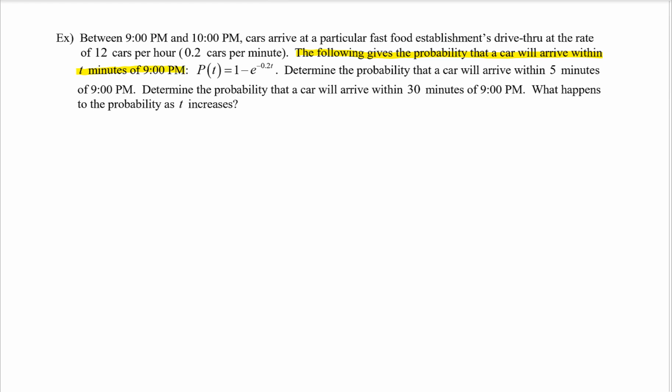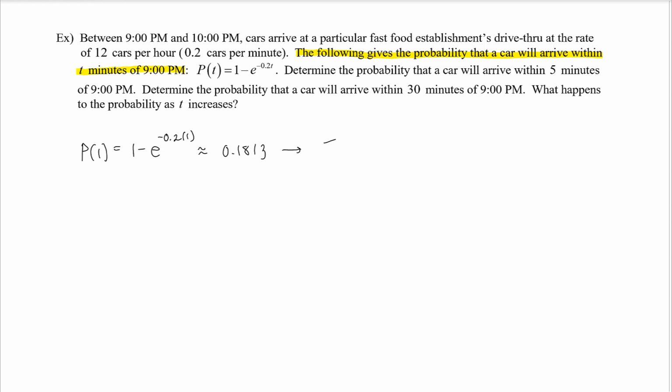So for example, let's say I plug in 1 to this. Let's evaluate that: 1 minus e to that power. Using a calculator, we get about 0.1813 if we round. So what is that telling me?